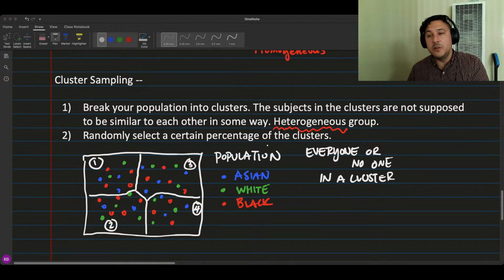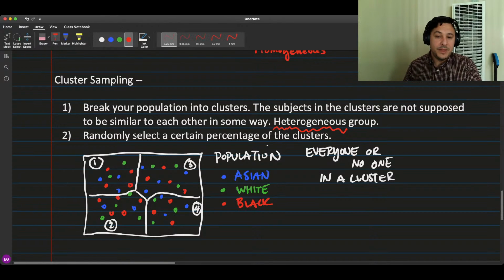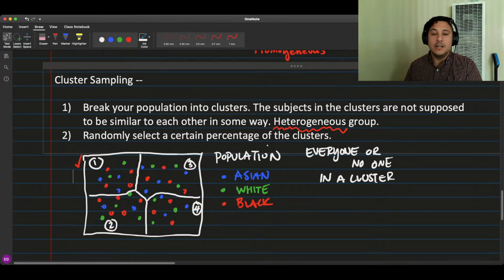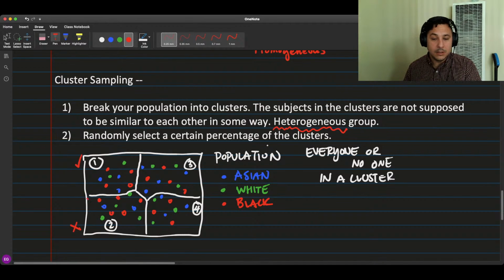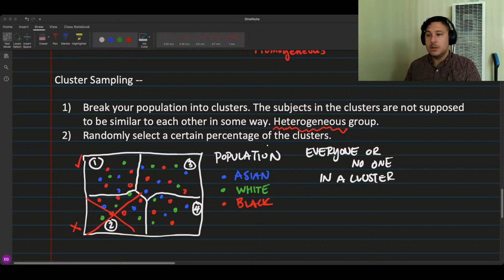So what you would do is you'd flip a coin, and let's say it comes up heads, then cluster 1 would be included. And let's say you flip a coin and it comes up tails, cluster 2 would not be included. So you would throw out everybody from cluster 2. You would only look at the people in cluster 1.